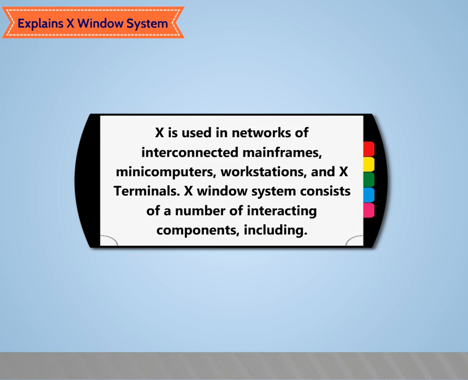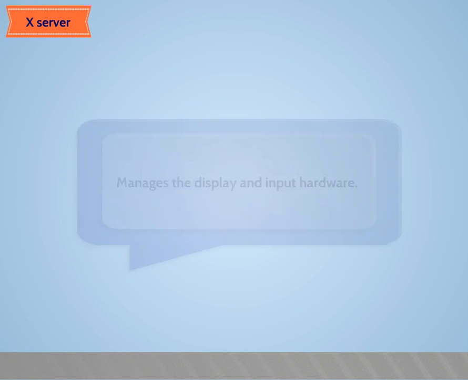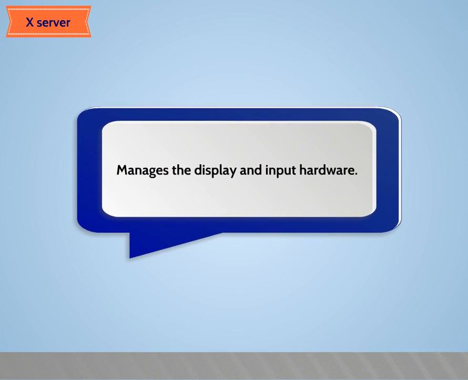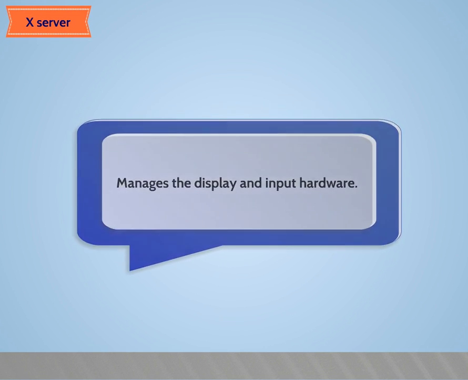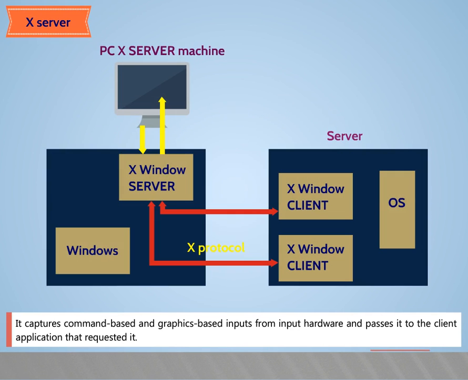X Windows system consists of a number of interacting components, including X server. Manages the display and input hardware. It captures command-based and graphics-based inputs from input hardware and passes it to the client application that requested it.